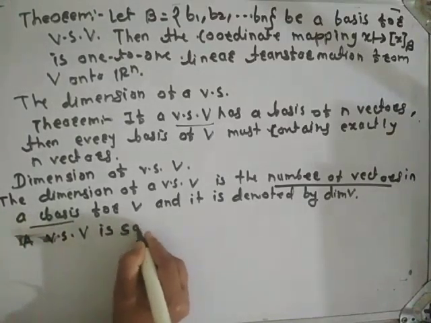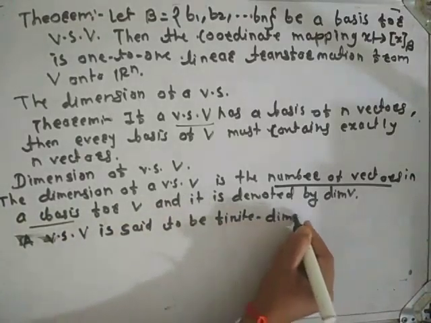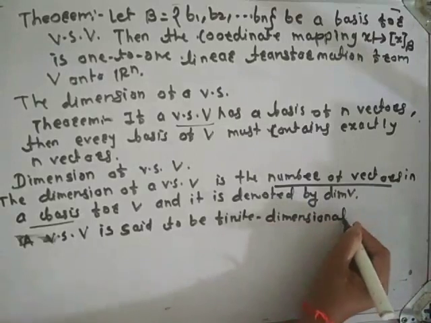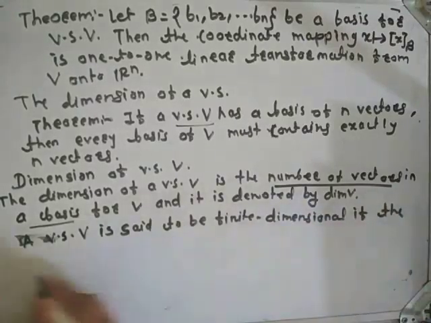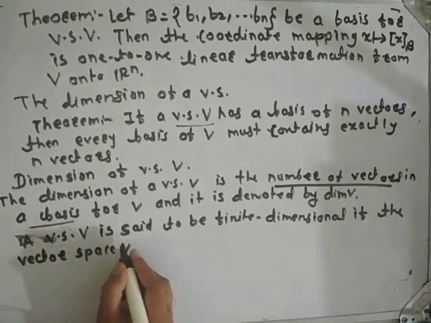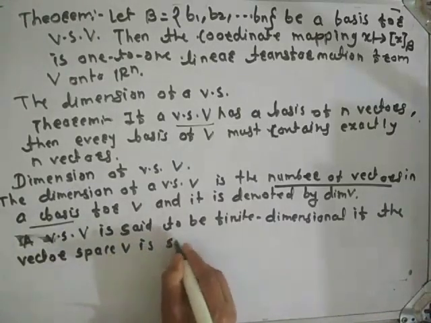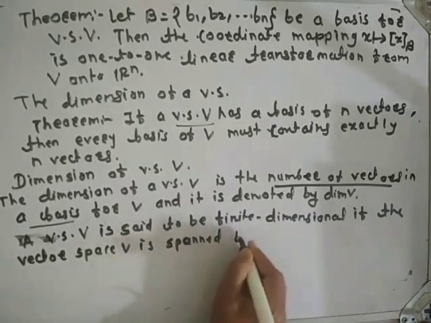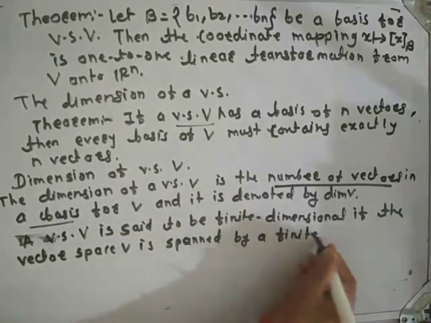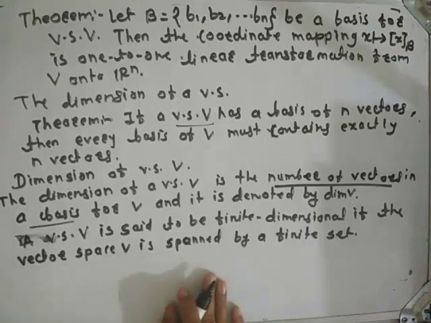A vector space V is said to be finite dimensional if the vector space V is spanned by a finite set, or the basis is finite.